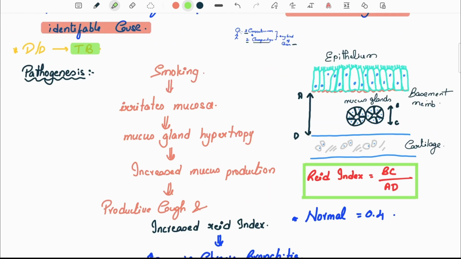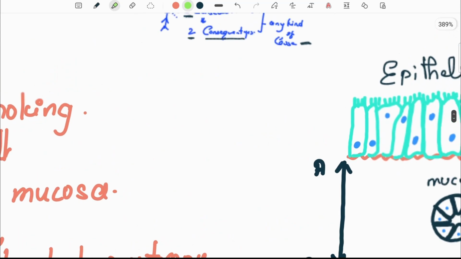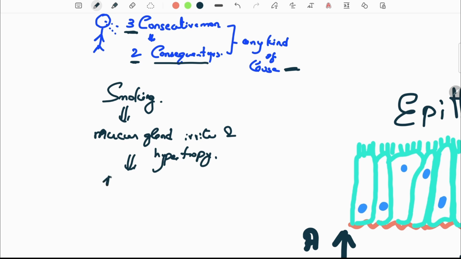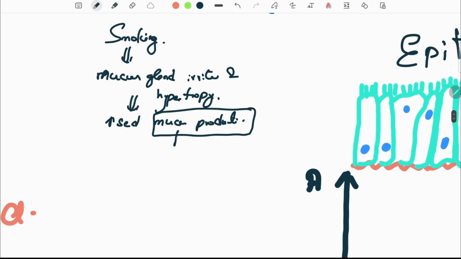Next one is pathogenesis. For example, the person is smoking. Because of the smoke, the mucous glands will get irritated and undergo hypertrophy. Okay, because of this hypertrophy, there will be increased mucus production, and as the mucus is produced, there will be productive cough.